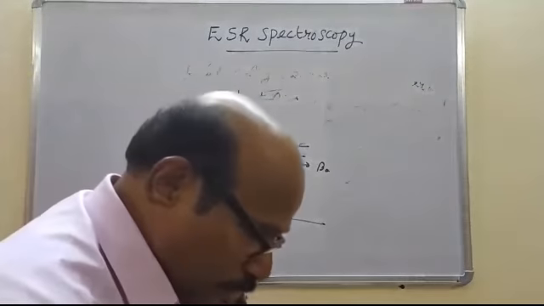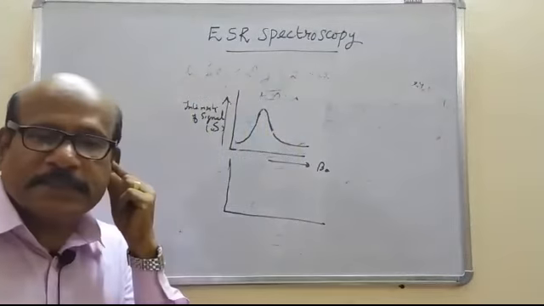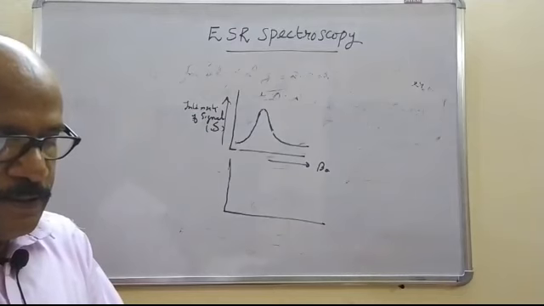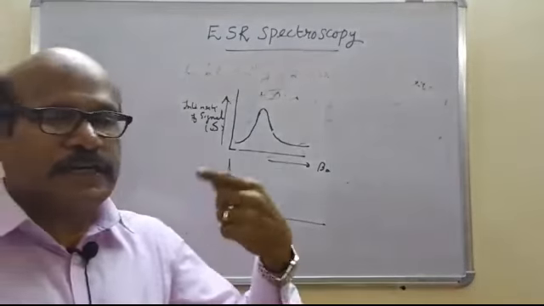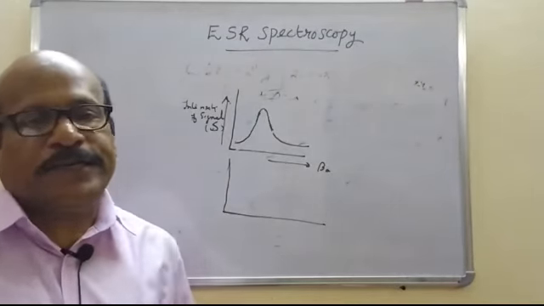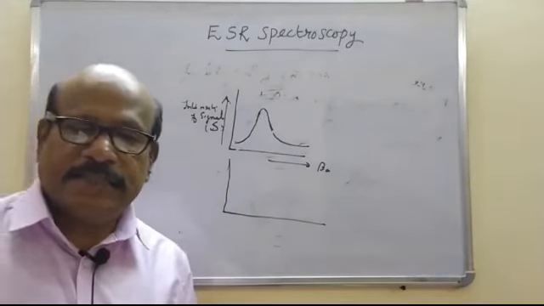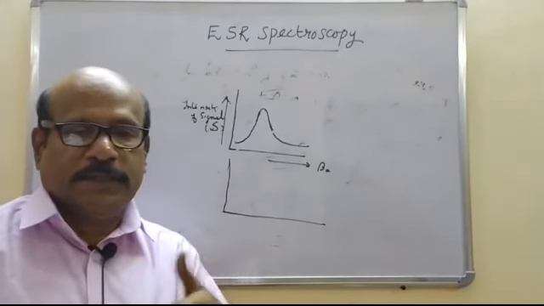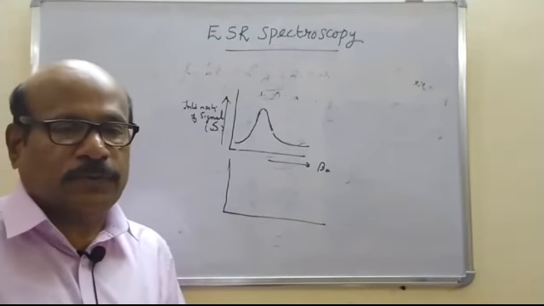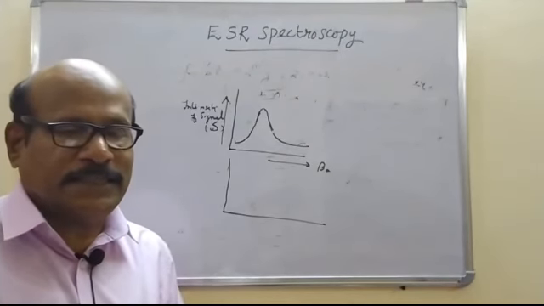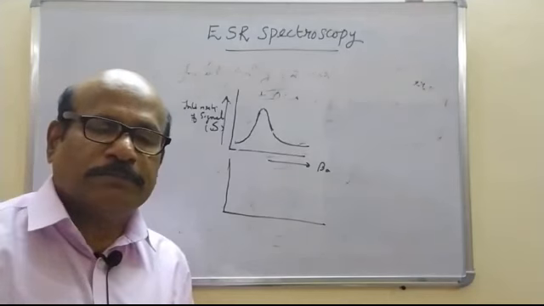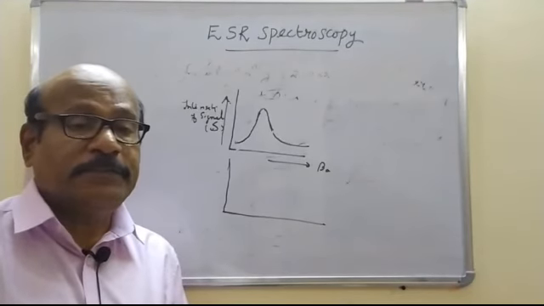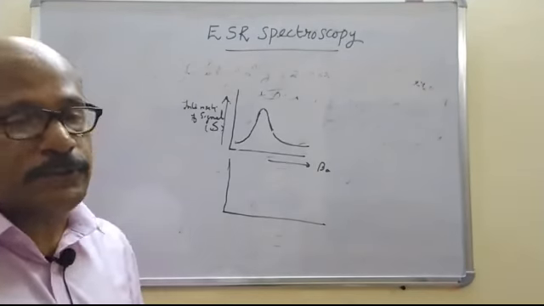So instead of the direct absorption, in modern ESR spectra a derivative curve is obtained. That is, instead of plotting the signal intensity against B0, the first derivative of the signal intensity with respect to B0, dS by dB0, is plotted against B0.